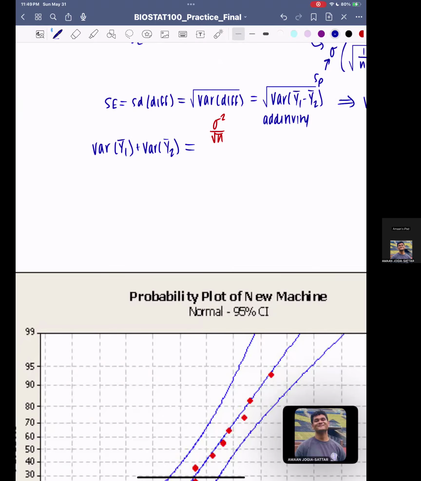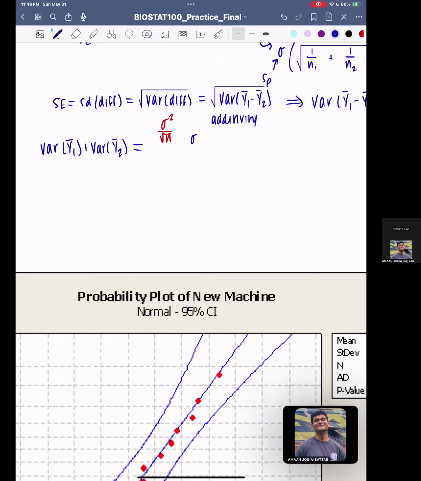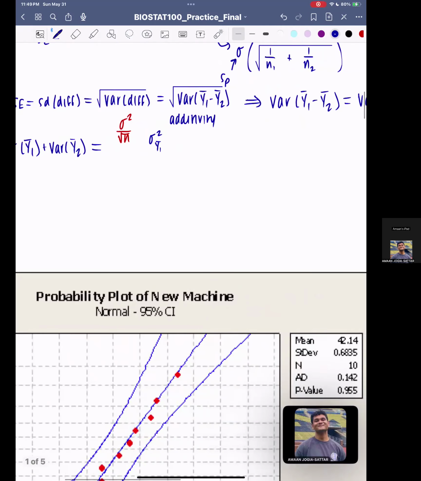But yeah, and so here, what are we going to do? Here we have sigma squared y1 bar. So this is the sigma squared corresponding to, or actually here I should probably say y1, not y1 bar, plus sigma squared y2. And each one is divided by the respective sample size.